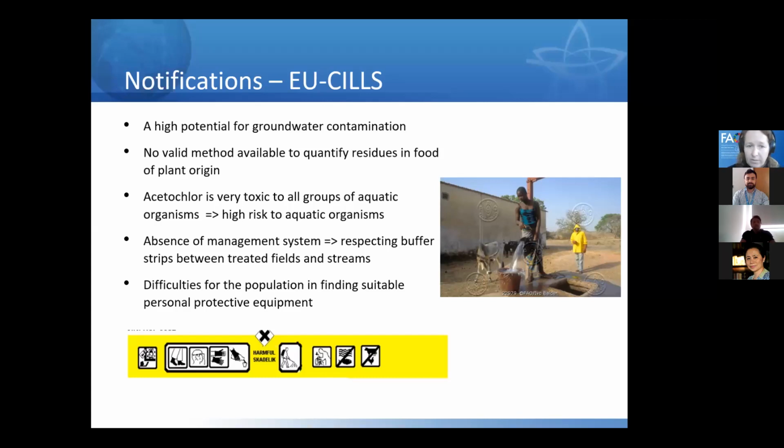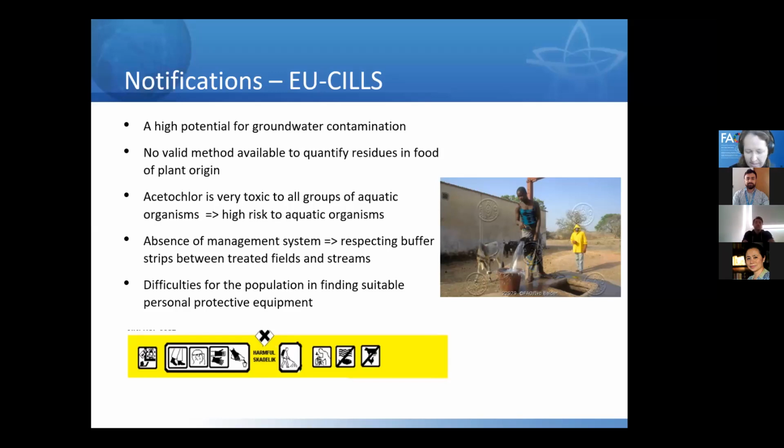Respectively, especially in the West African countries, here referred to as the CS countries, it was said there is an upset of management system, in this case respecting buffer zones between treated fields and streams.